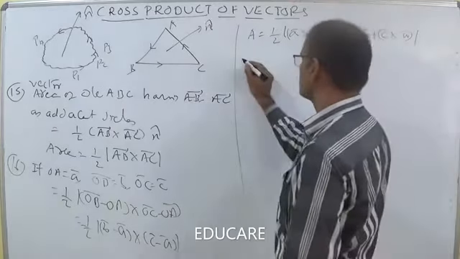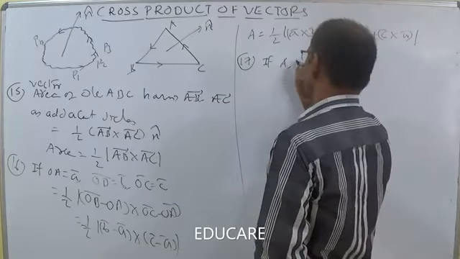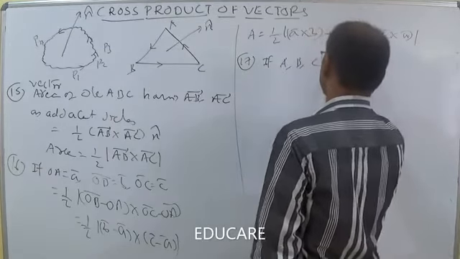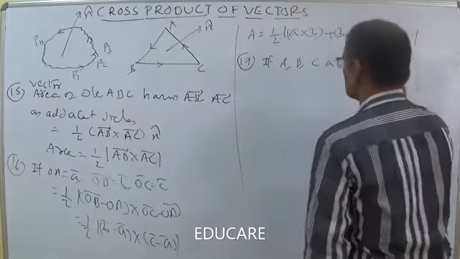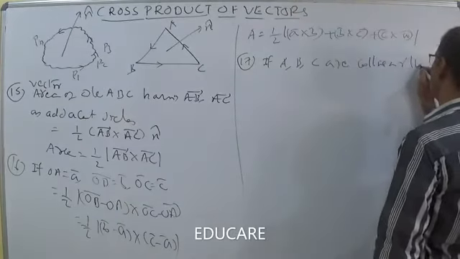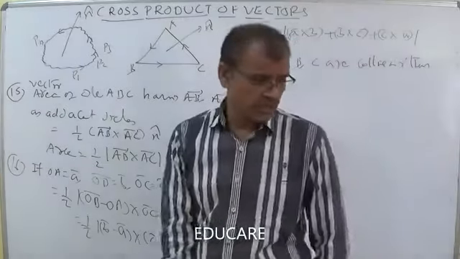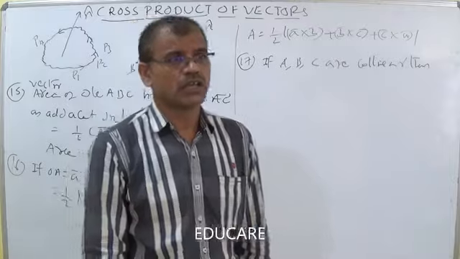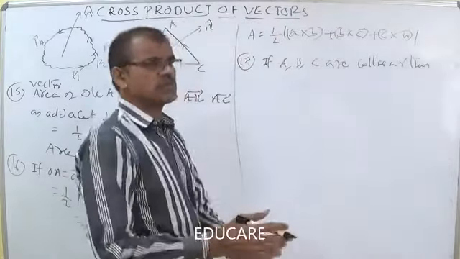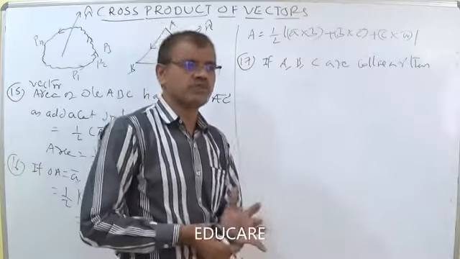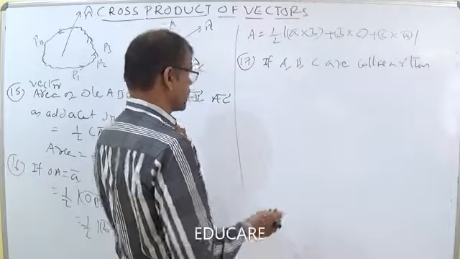Next, point 17. If A, B, C are collinear, here also one concept is there. From 10th class we learned that if 3 points are collinear, then the area is 0. Another concept is slope of AB equal to slope of BC, or slope of AB equal to slope of AC, but here we cannot define such a concept.